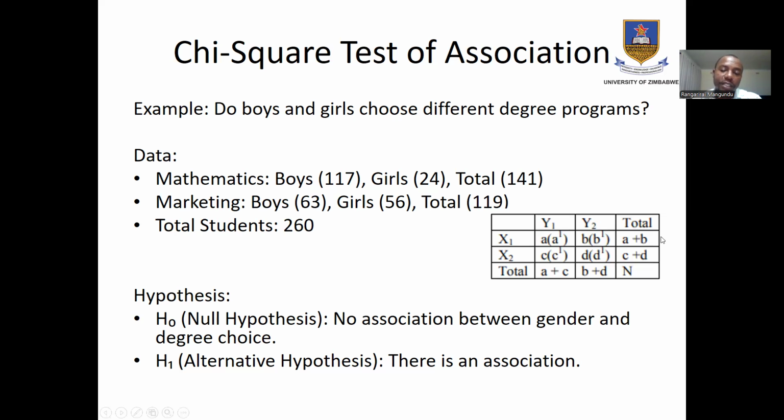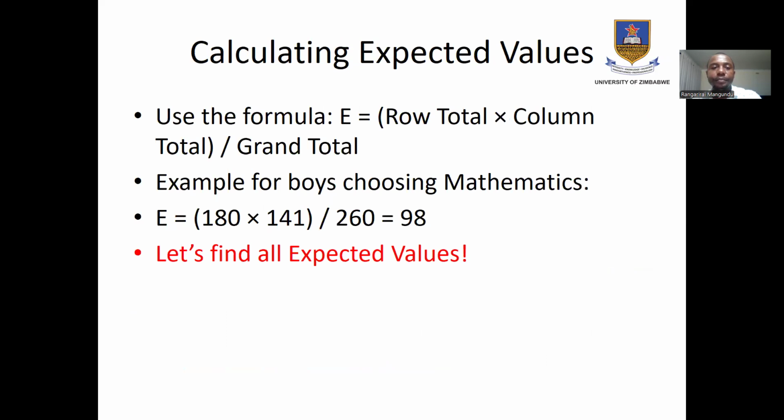If you look to the right of our slide, there is a contingency table. This is how our data is arranged when we have more than one variable. So let's take X1 to be boys, X2 to be girls, Y1 to be mathematics, and Y2 to be marketing. You put in the totals, and in the brackets you see there, that is the expected frequency.